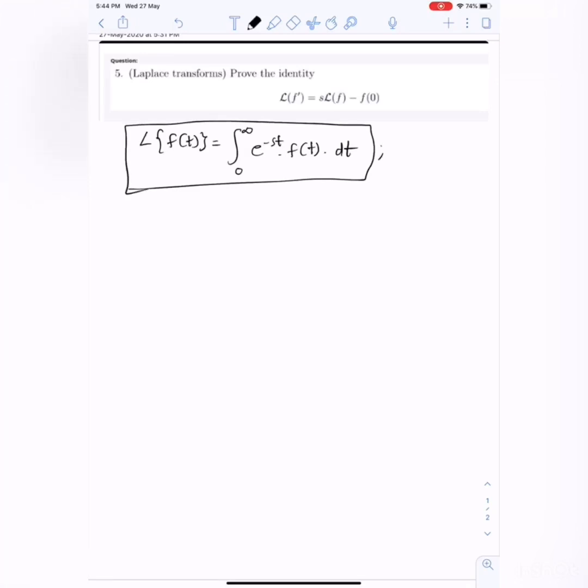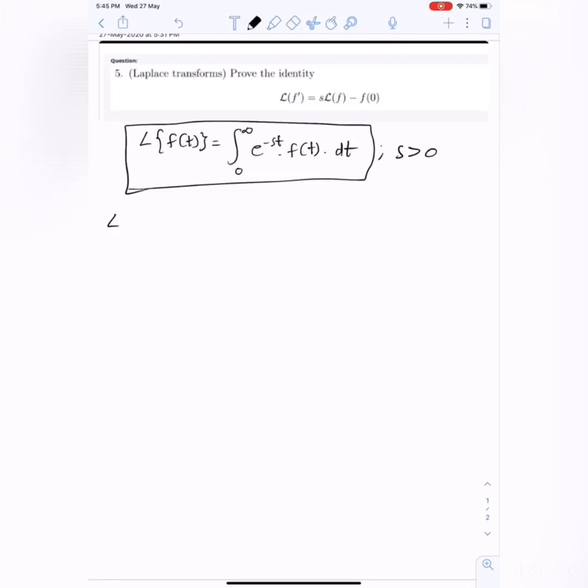Here there's a bit of constraint, s should be greater than 0, but that shouldn't affect too much. So let's try to solve the Laplace transform of f'(t) with the same identity. We'll be treating f'(t) like any other function.